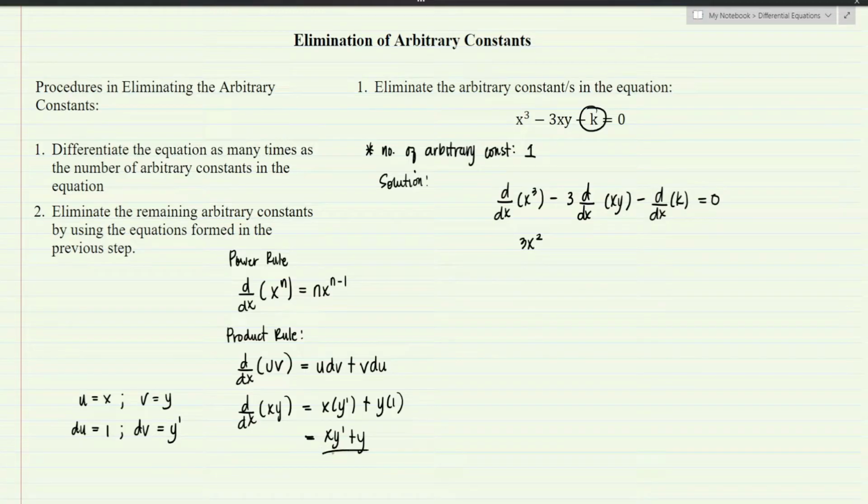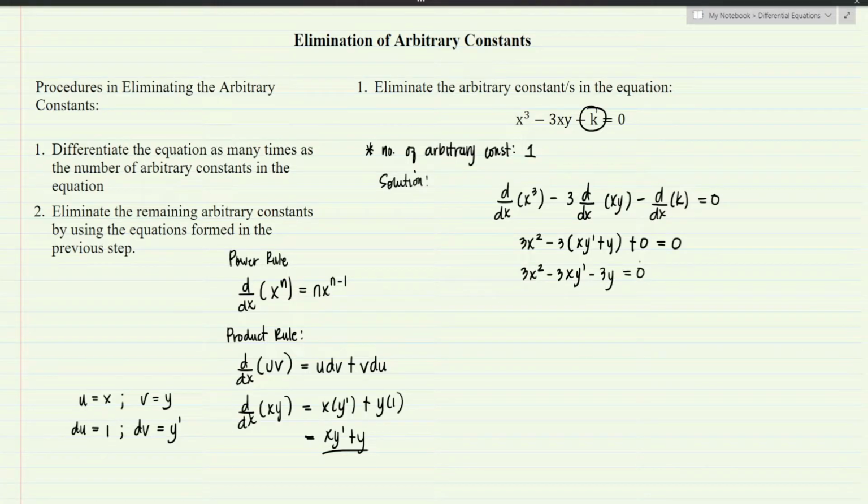I can now plug this derivative into the equation. So I will have here negative 3 multiplied by xy prime plus y. As for the third term, the derivative of a constant is 0. So I will have here 0 equals 0. Next, I can now distribute negative 3 in this equation. So I will have 3x squared minus 3xy prime minus 3y equals 0.